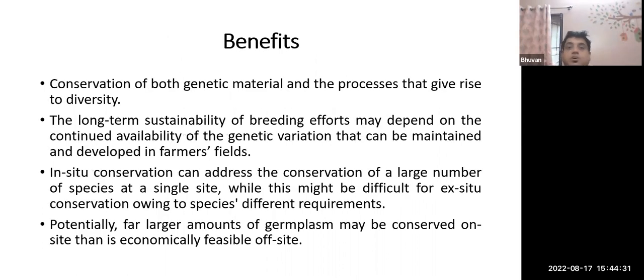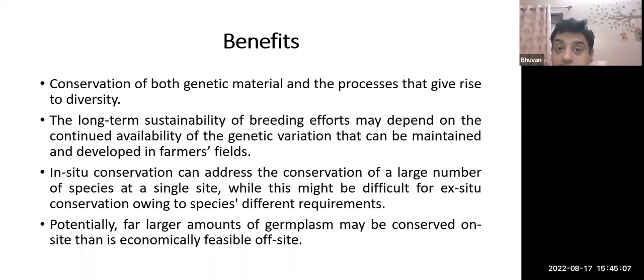Here we talk about the benefits linked with the in situ conservation strategies of agrobiodiversity conservation. Both the genetic material and the processes associated with the genetic material are conserved. The various crop plants have evolved in natural conditions, so their natural evolution process is not hampered in the in situ method of conservation.